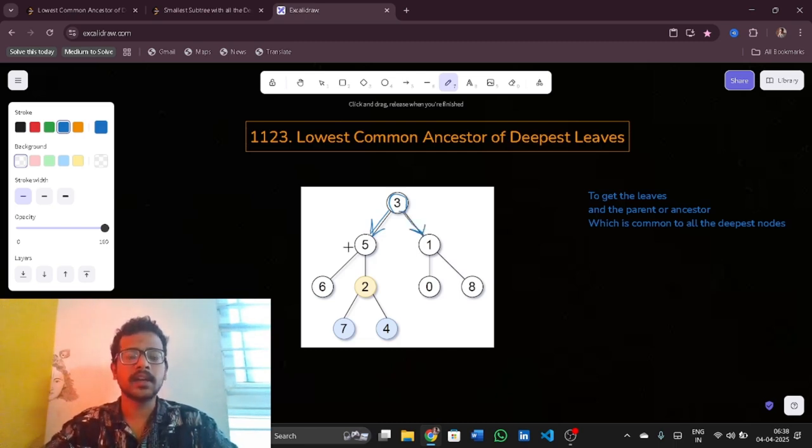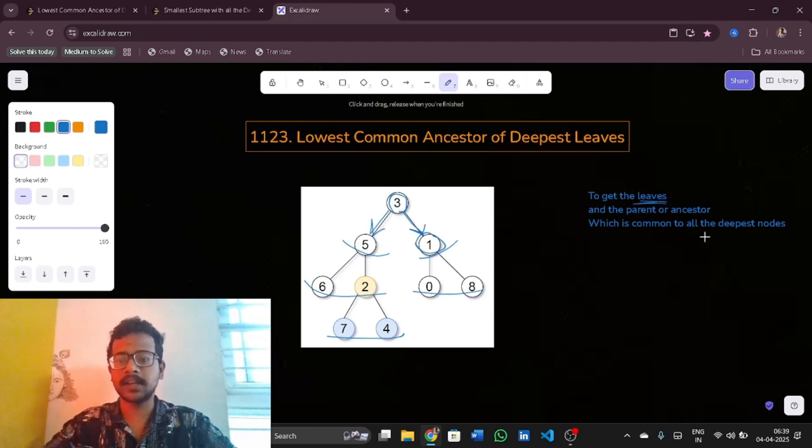So here I have depth one, two, and then three. If I say this node has a depth of 3, this other node has, inclusively, a depth of 2. Now, where will the leaf nodes be?